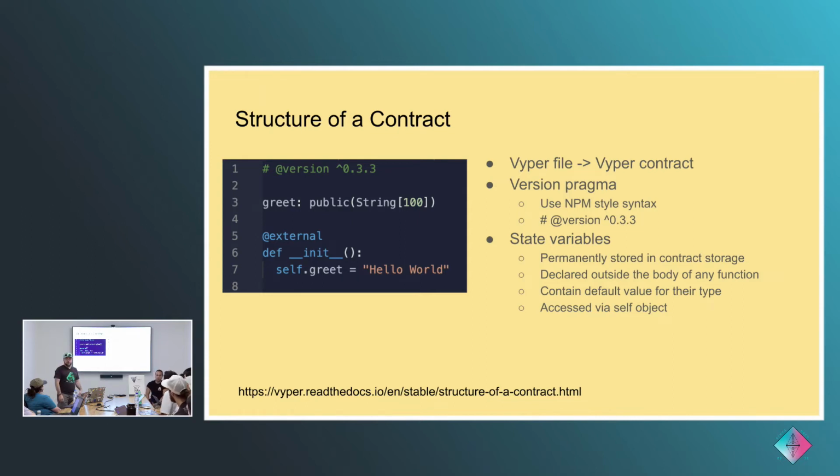And I believe the current version is 0.3.3. The state variables here are permanently stored in contract storage, declared outside the body of any function, and they contain the default value for their type, and they're accessible by the self object. So at any point you can call self.greet in this situation and see hello world.